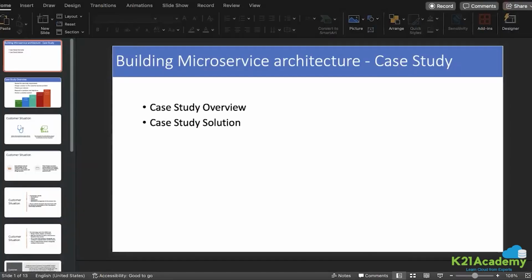This particular case study, we're gonna start with some sort of understanding, or we are planning to visualize how the microservice architecture probably looks in case you are planning with any of your particular solution.